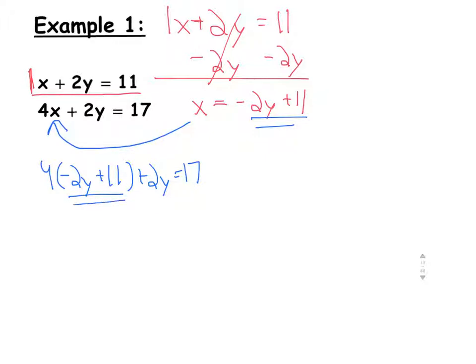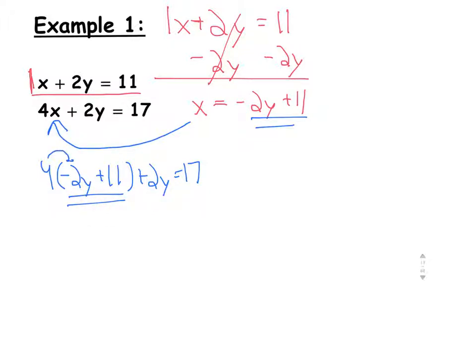The negative 2y plus 11 came from the first equation when we solved for x. And so now I have this brand new equation which only has y's in it. There's only one variable in here, nothing but y's, and so now I can solve this.